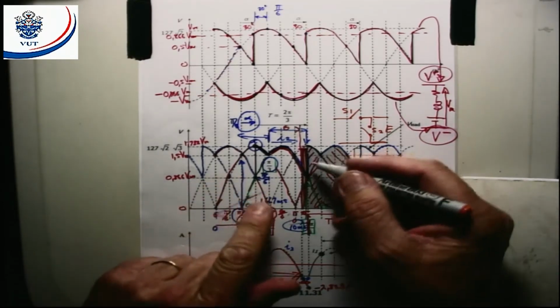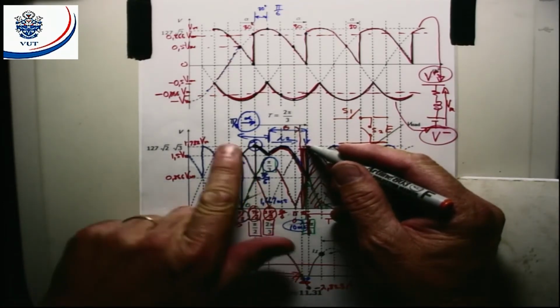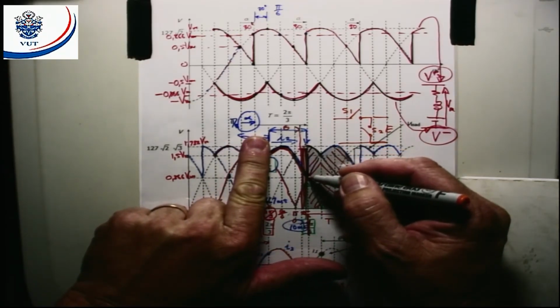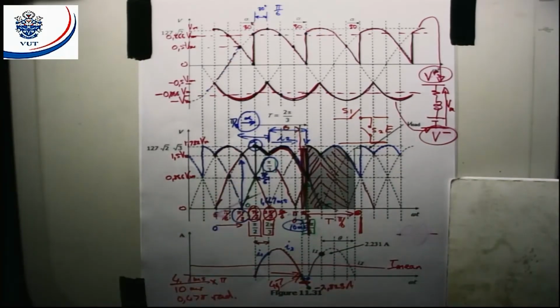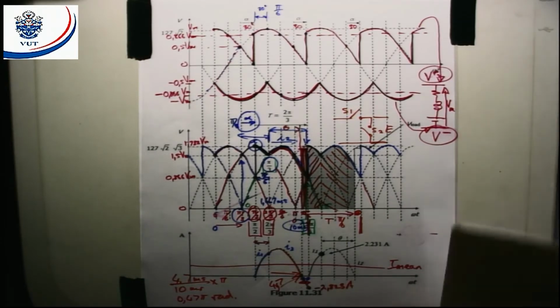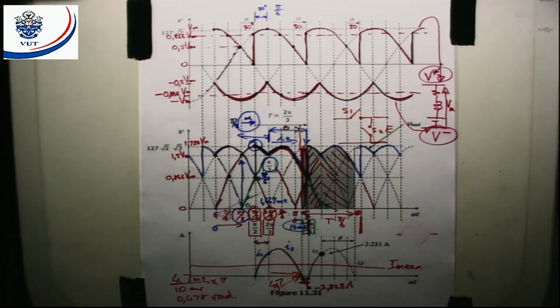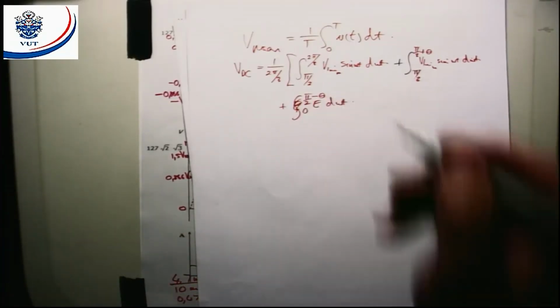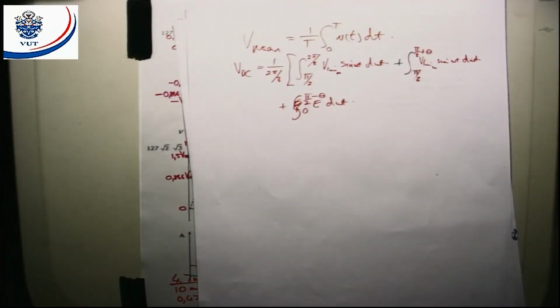Okay, so if we take from there to there, yeah, so it's a misprint, guys. It must be pi over 2 minus theta.